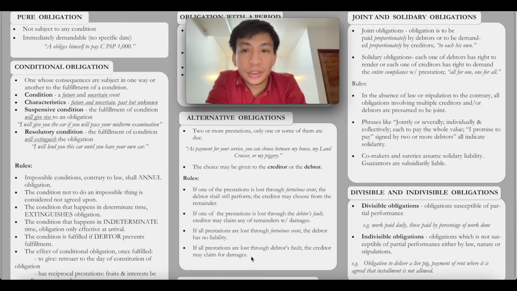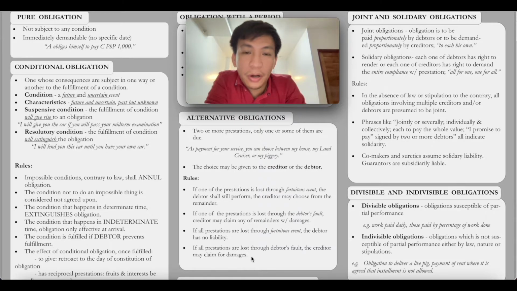Dito sa solidary obligations, pwedeng i-demand ng isang creditor yung kabuuan ng utang sa kahit iisang tao lang, or yung isang debtor pwedeng magbayad ng utang ng lahat.